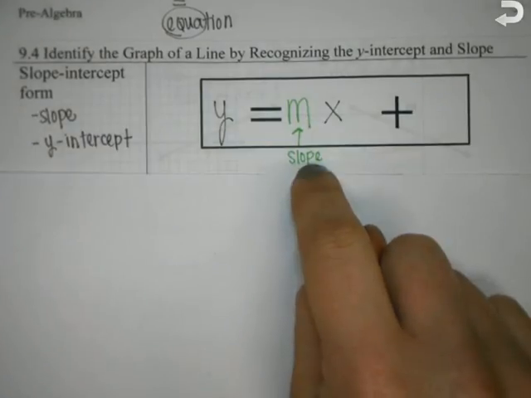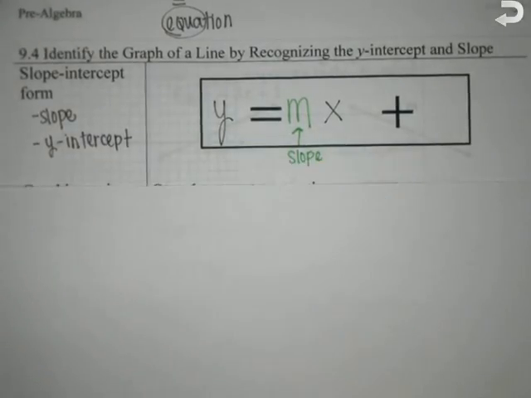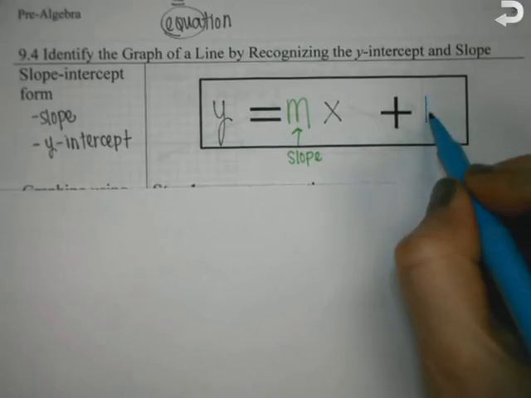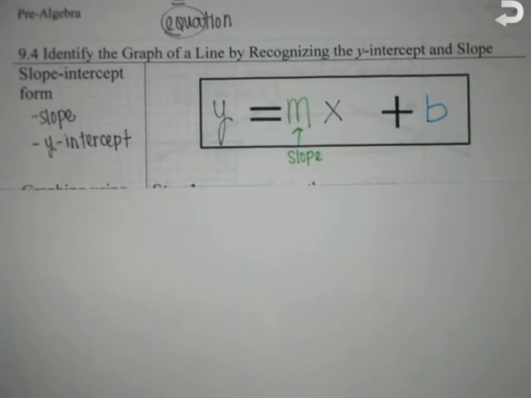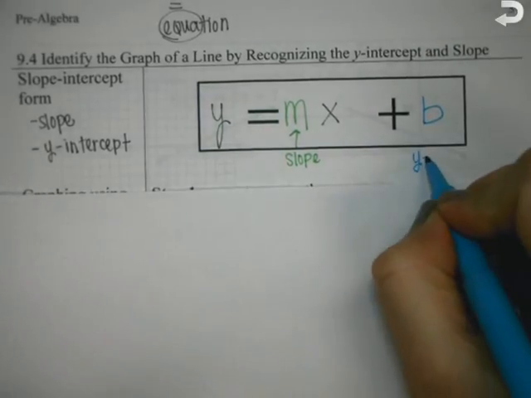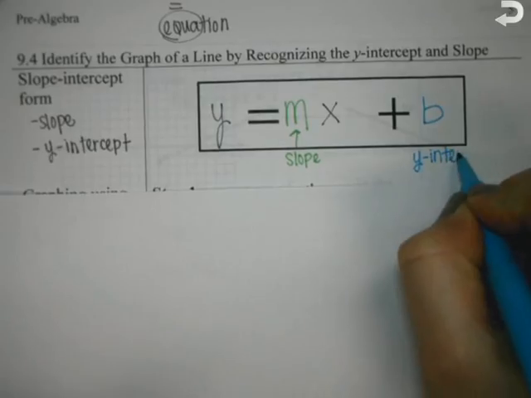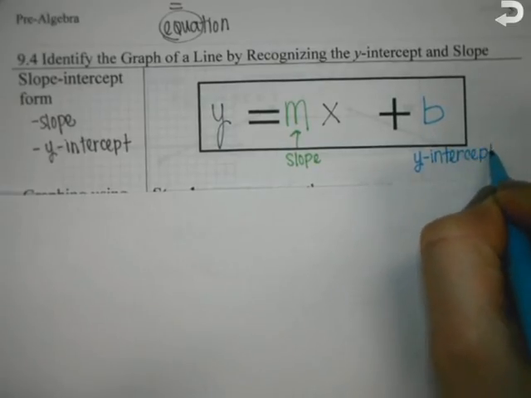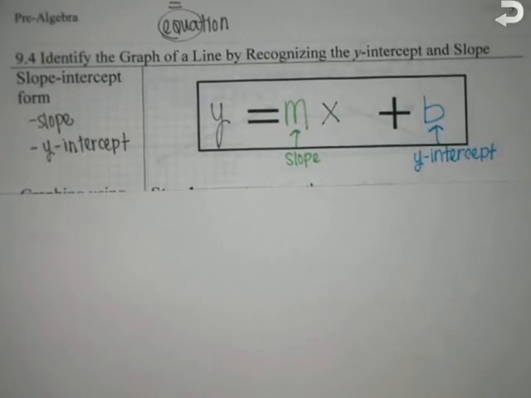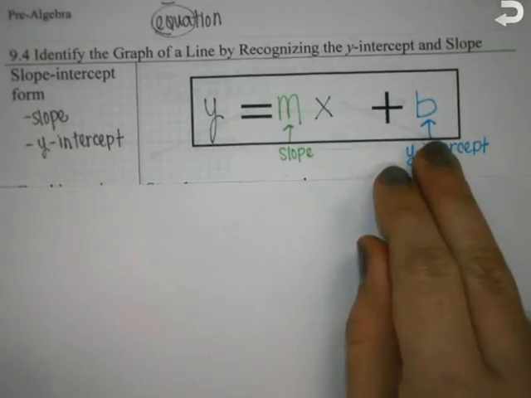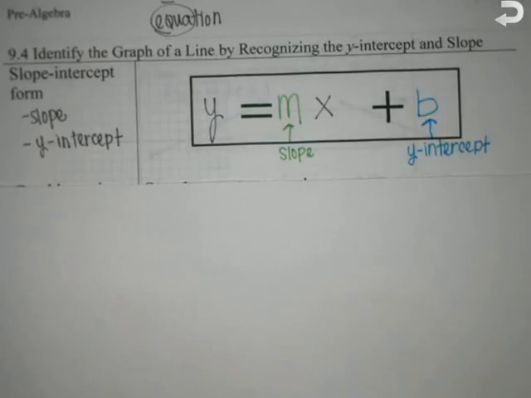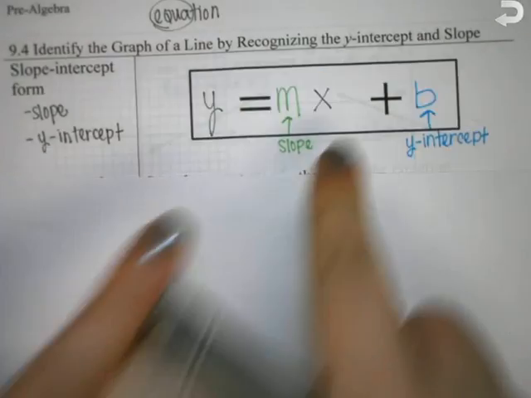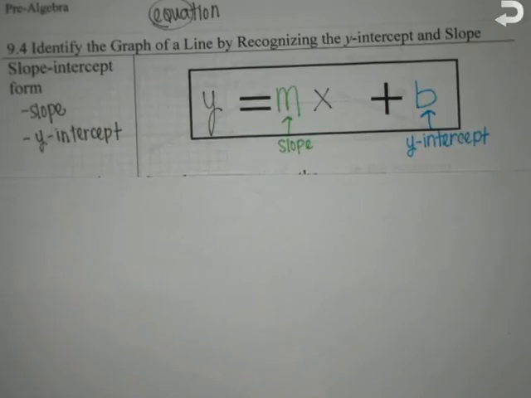They give it to us. Plus b. B stands for the y-intercept, and it's also going to be a number. And what we're going to be able to do is look at an equation in this form and graph the entire line just from the equation, not having to plot or find points at all. Okay?